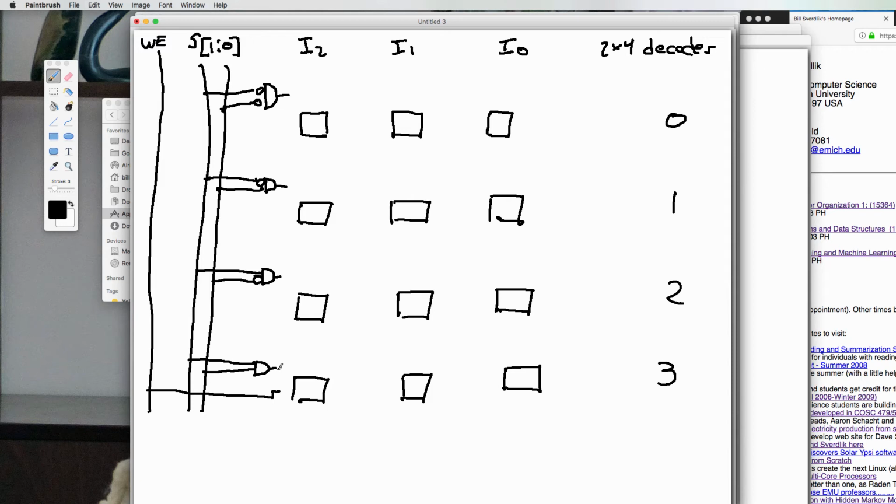And I'm going to come over here, the output of this decoder, and I'm going to feed this into an AND gate and stick that into the write enable. There. And I'm going to come over here and do the same thing over here. Already this drawing is not looking good. I'm going to have another AND gate here.